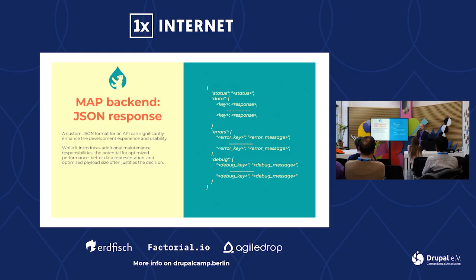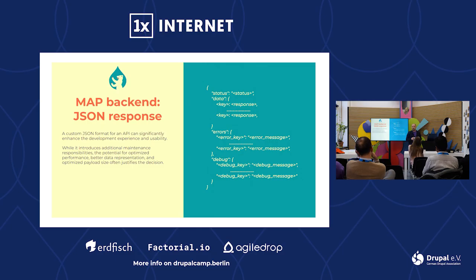Next point, it's JSON. First of all, we should decide what the response format should be. And we decided to use something as simple as possible, our custom format. It's very simple. It only has four keys: status, data, errors, debug. Only status is required.